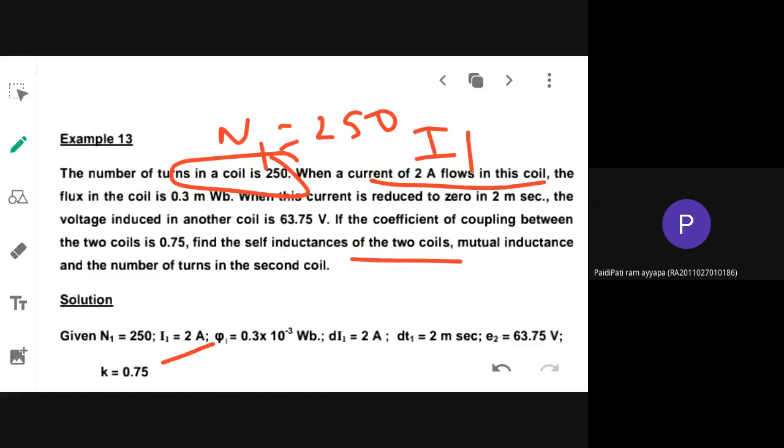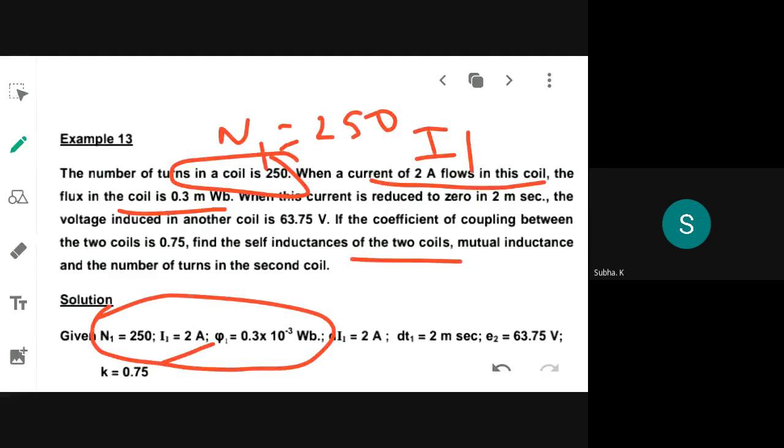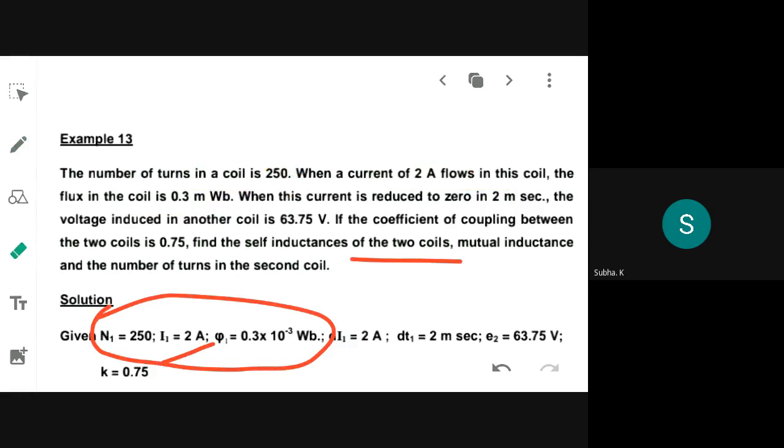Phi is equal to 0.3 milliweber. These are all for one coil. Then the next statement says when this current is reduced to 0. Initially the current was 2, now it is reduced to 0 in how much time? 2 milliseconds.